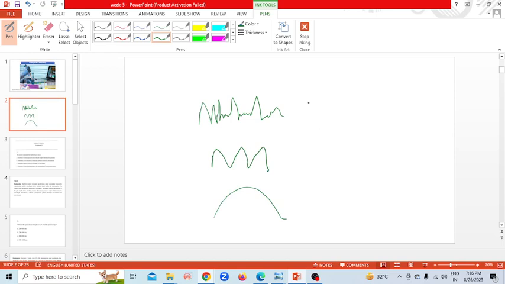So this is the vapor phase, then the non-polar solvent, and finally the polar solvent like water.